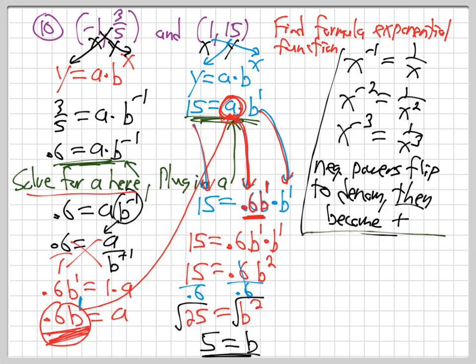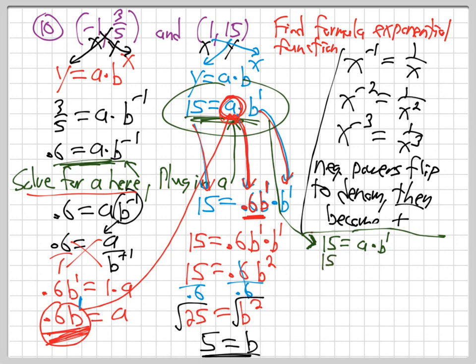So where are we at? Well, you grab either one. I'll just grab, say, this one again. Bring it over here. And now it said 15 is equal to a times b to the 1. A times b, in other words. Right? So, and now we know what b is.